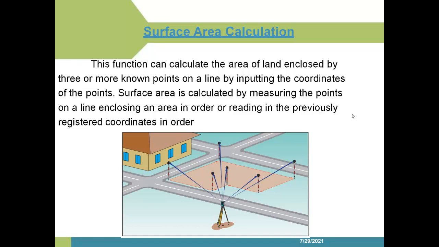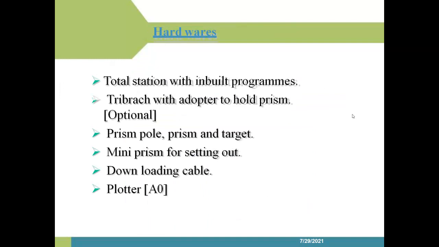Manual calculation in notes is not necessary. So the hardware is the mini prism, downloadable cable, plotter, prism pole, prism and target, and total station. That's it.